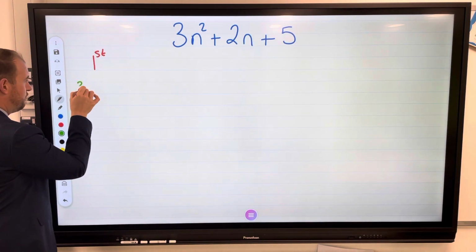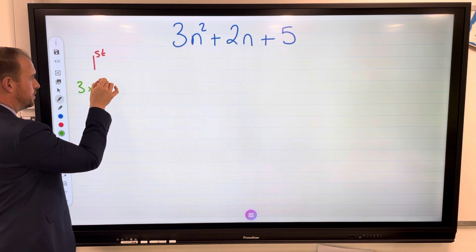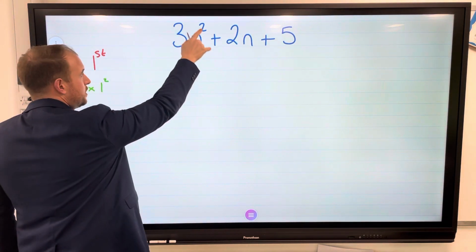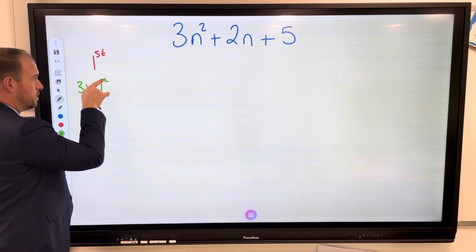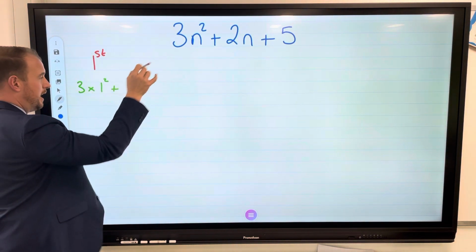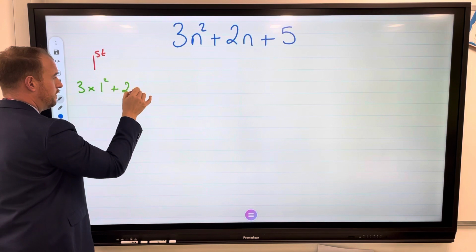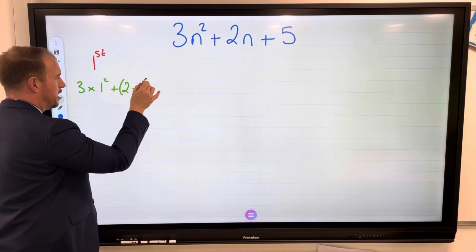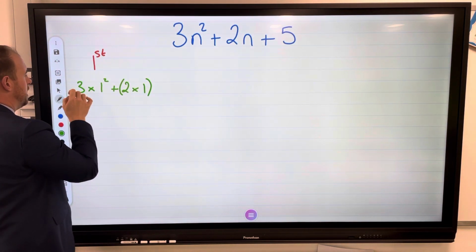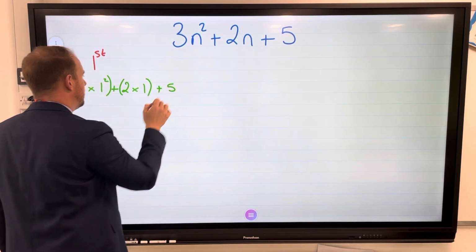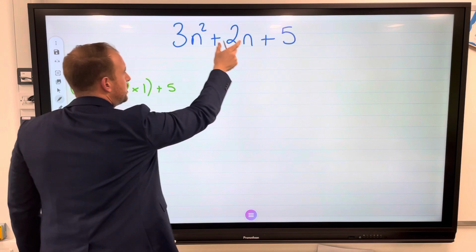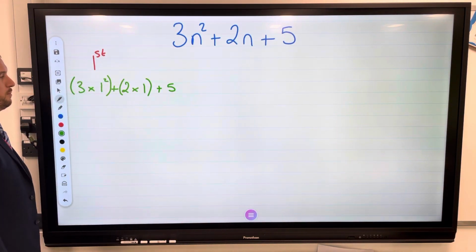So we have 3 times 1 squared, which is 3n squared here. So I've got 1 squared, but then after that, I've got 2 lots of 1. I'll put a bracket around there. Okay, and I'm also going to put a bracket around there. I then got plus 5. This just makes sure we can keep these parts together by using the brackets.